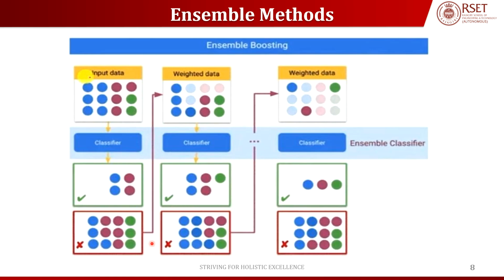And the next classifier is then trained on this reweighted data, forcing it to pay more attention to the difficult data points. And this process will continue sequentially, and the final ensemble classifier is a weighted combination of all the individual classifiers, with each one contributing based on its performance. And the result is a highly accurate and powerful model.